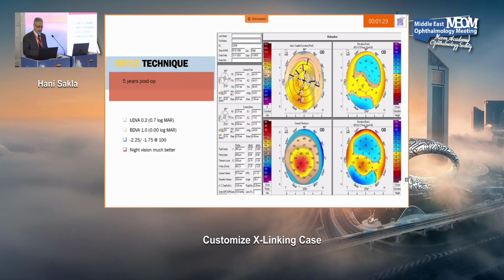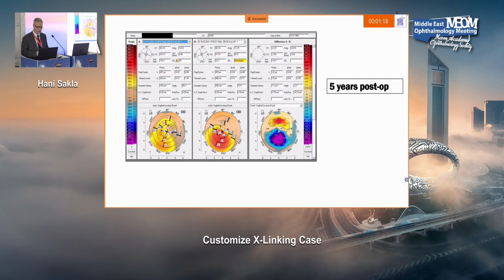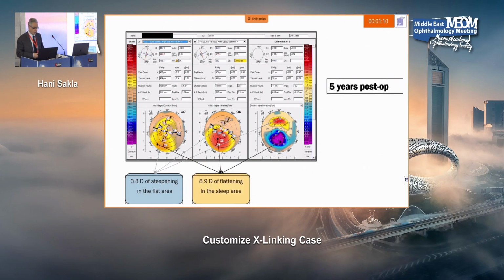When we look here at 5 years post-op, the uncorrected distance was 0.2. The best corrected was 1 with minus 2.25. Night vision is much better. Here we can see that we achieved 3.8 diopters of steepening in the flat area and almost 9 diopters of flattening in the steep area.